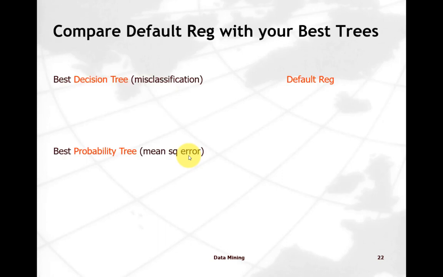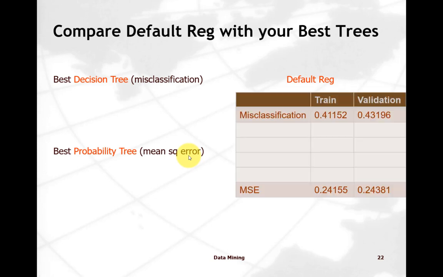Default regression, tree. Assuming that I have trained 3 models based on the donation data set. I have a best decision tree, I've already trained it. A best probability tree, I haven't trained it, but you can imagine. And a default regression, which has all the variables included.